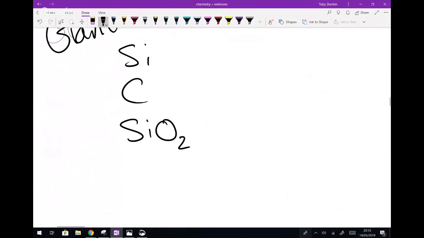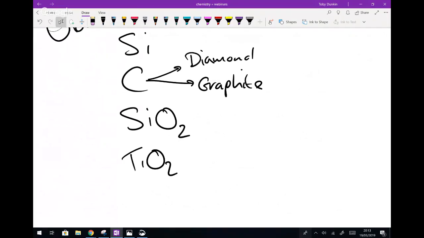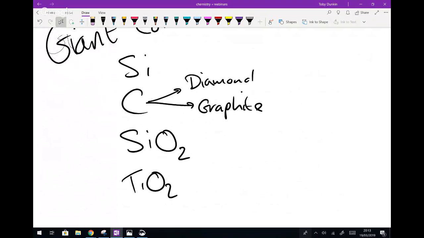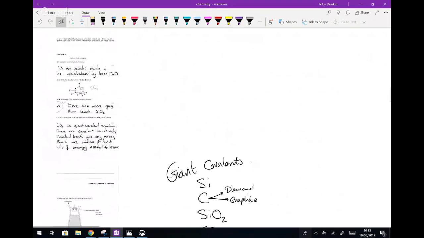By the way, that is, of course, diamond and graphite and graphene, but not buckyballs. We've also got TiO2. What other giants do we have? You're done? That's it? That's all you need? 5? Not many? Next.